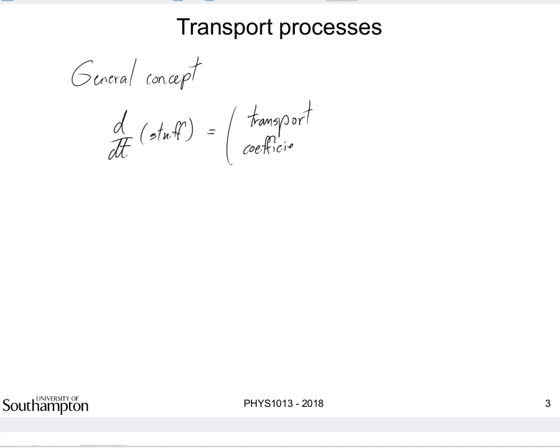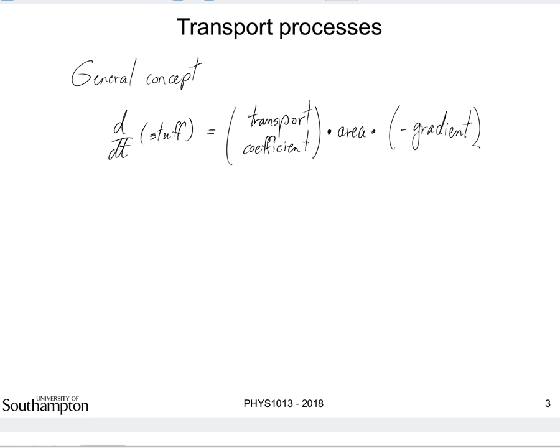It just says how efficient this transport is, times the area through which the transport is being done, times typically minus the gradient of a quantity. Okay, that's the general idea.